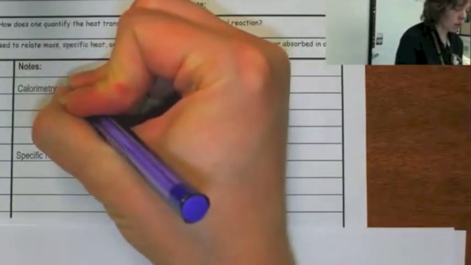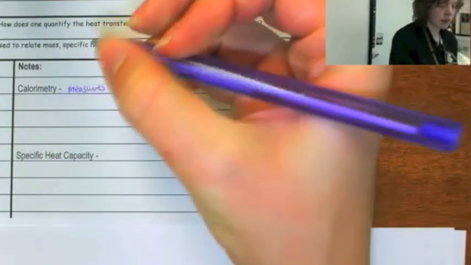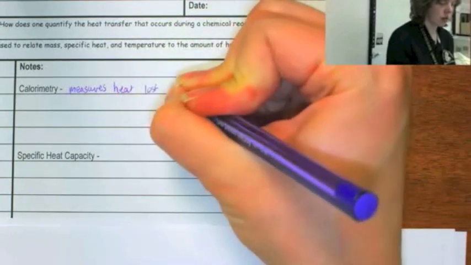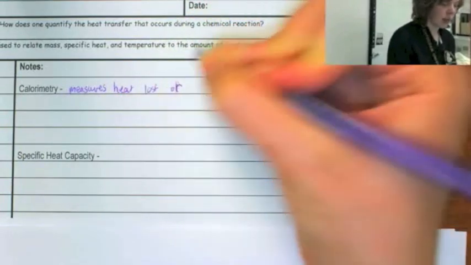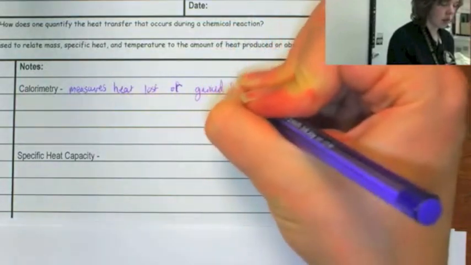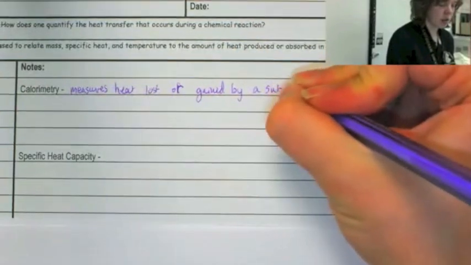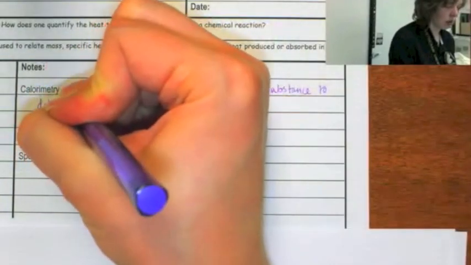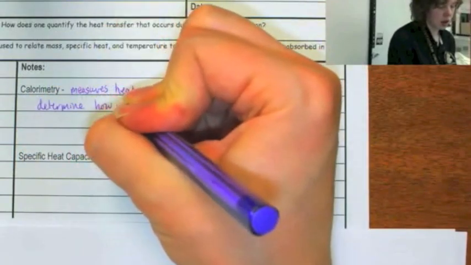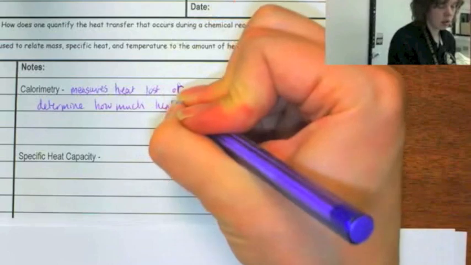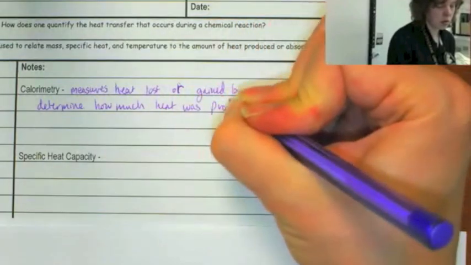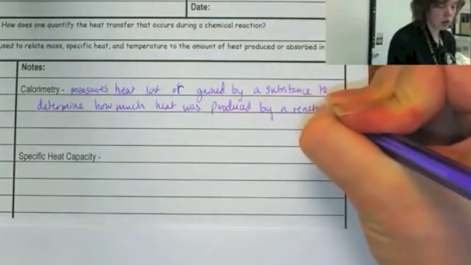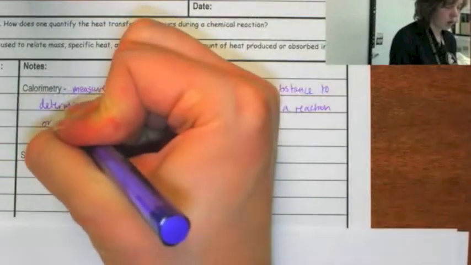So calorimetry is used to measure the heat lost or gained by a substance to determine how much heat was produced by a reaction or process.